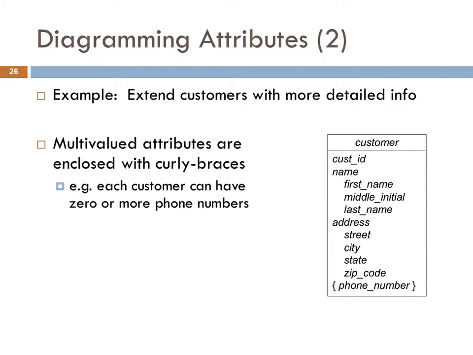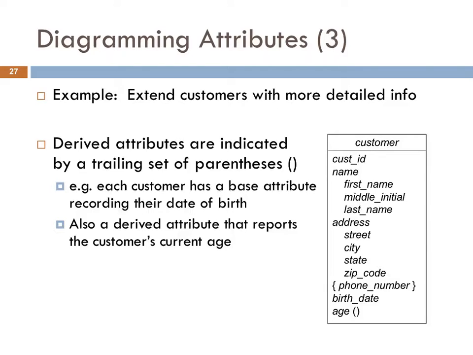Okay, phone number. Remember we said I'd like to be able to associate a set of phone numbers with a customer. So I can just put the curly braces around it, and I end up with a multi-valued attribute. And then here are the other examples that I gave you. Okay. Birth date, well, that's still a base attribute. And you know what? It's single valued and it's simple, using the terminology we've been using so far. And age is a derived attribute.